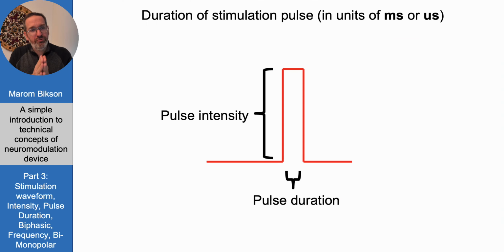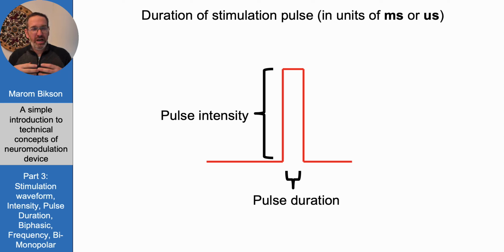But an additional further concept is that we don't just need to think about intensity, which we're talking about in terms of amps or milliamps, or you could talk about in terms of volts. You don't just need to talk about intensity, but you also need to talk about pulse duration. When we apply stimulation, we have how strong it is, but also how long it's on for. It's not on forever.